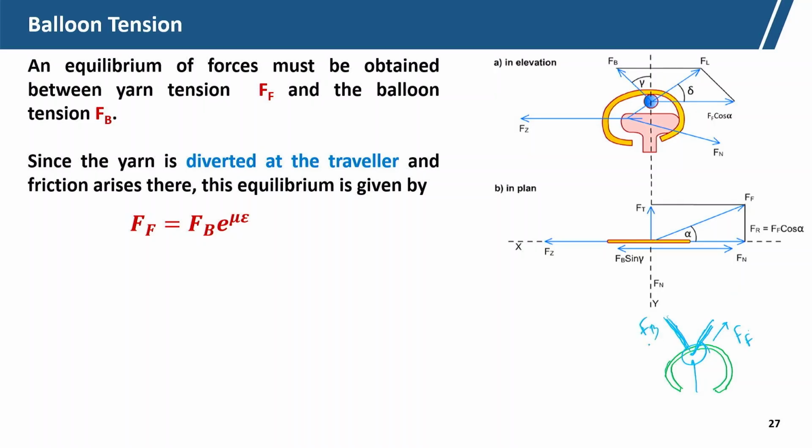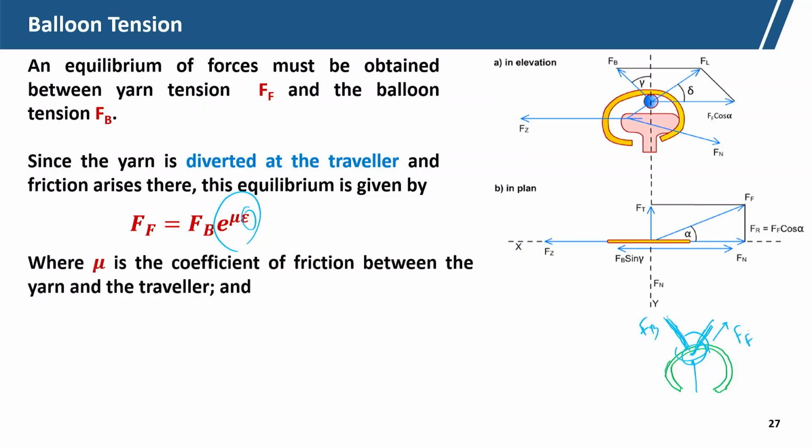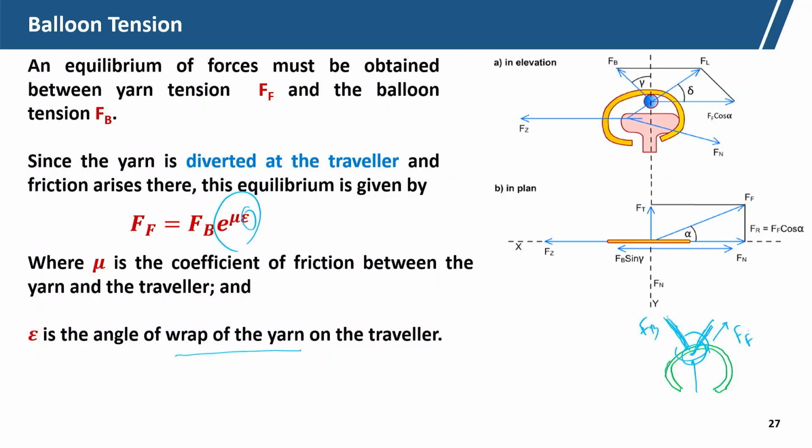So, F f equals F b e power mu epsilon. Mu is the coefficient of friction between the yarn and the traveler surface, and epsilon is the angle of wrap of the yarn on the traveler.